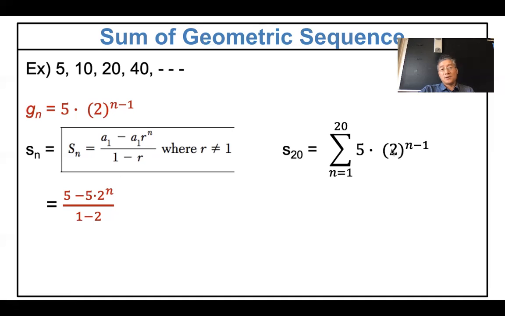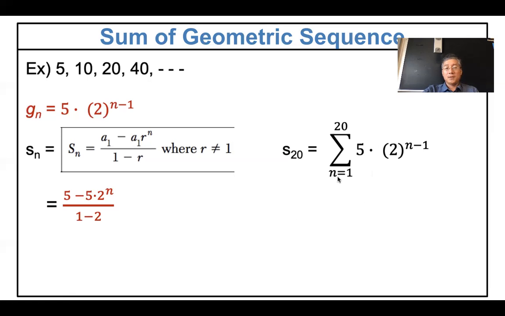Or you can use this sigma symbol, right? You know how to get this. Go to the math button, and then scroll down to 10, and n equal to 1 to 20. And when you write down here, it's the formula, 5 times 2 to the n minus 1 power. You should put this explicit formula exactly the same.